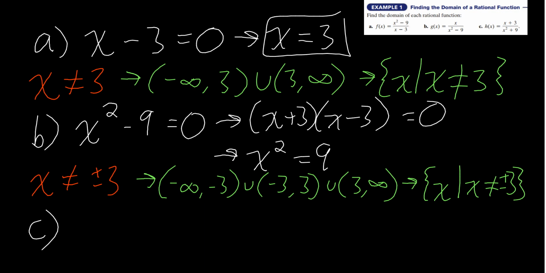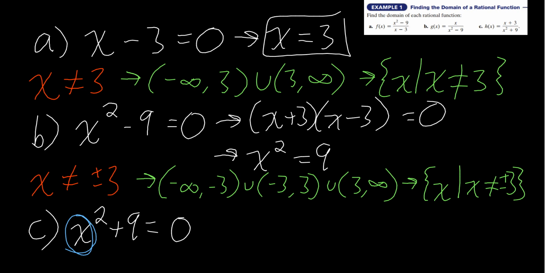Now C, we're going to do on this page as well, because it's pretty darn easy. Let's set the denominator equal to 0. Again, we don't care about the numerator. The denominator x squared plus 9 is equal to 0. Well, there is no way that I can plug any number in for x here that will give me a negative 9. Positive 3 gives me 9, negative 3 gives me 9.